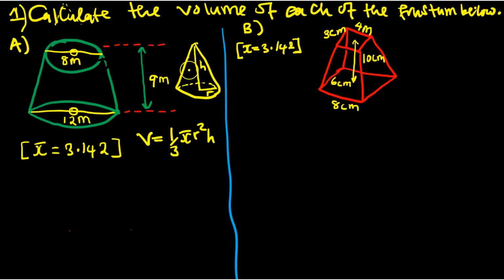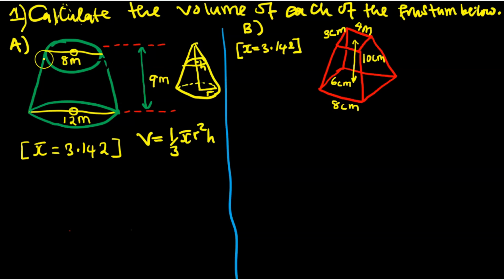You are interested in finding the volume of the frustum. You cannot calculate the volume of the frustum without going through the original shape that you are given. So this shape that we are given, it was a cone. It was just sliced here on top.